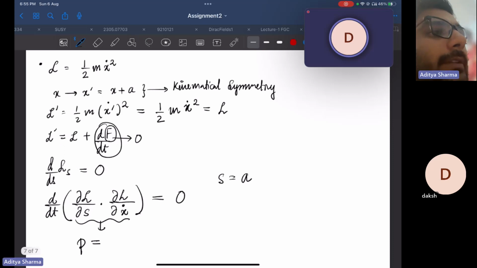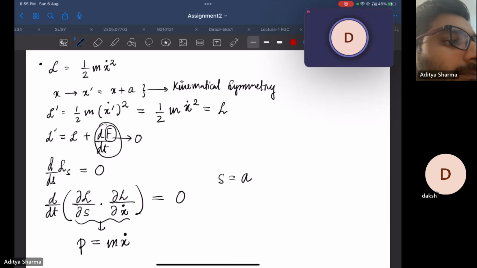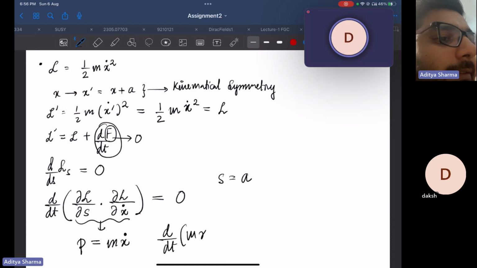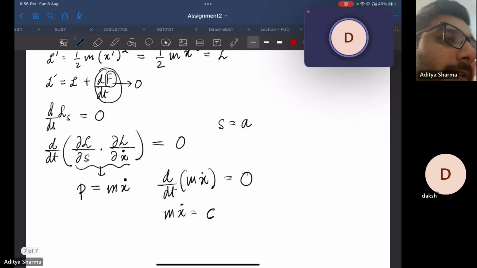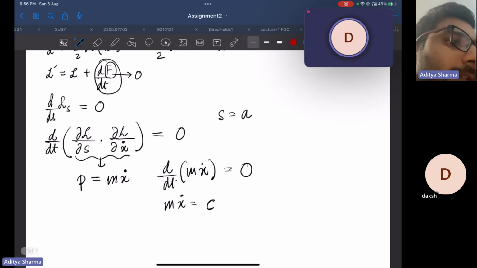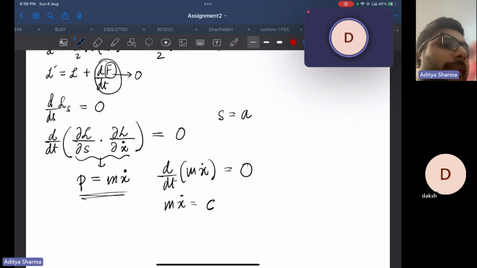So d/dt of m x dot is equal to 0. That means m x dot is a constant. So this is what he says, that this momentum is a constant.